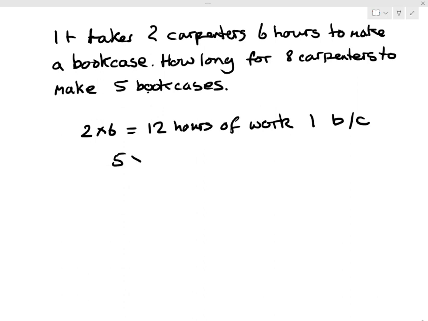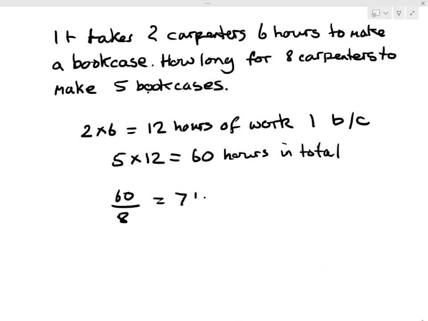So you do 5 times the 12 hours of work, which is 60 hours in total. And you've got 8 carpenters, so 60 hours of work divided by the 8 carpenters is 7.5 hours. And there you go, there's some lovely wordy questions on direct and indirect proportion. And that's it.